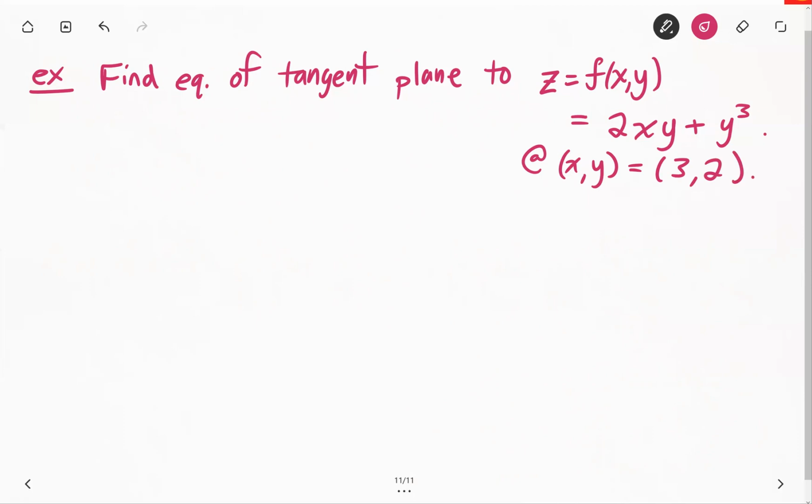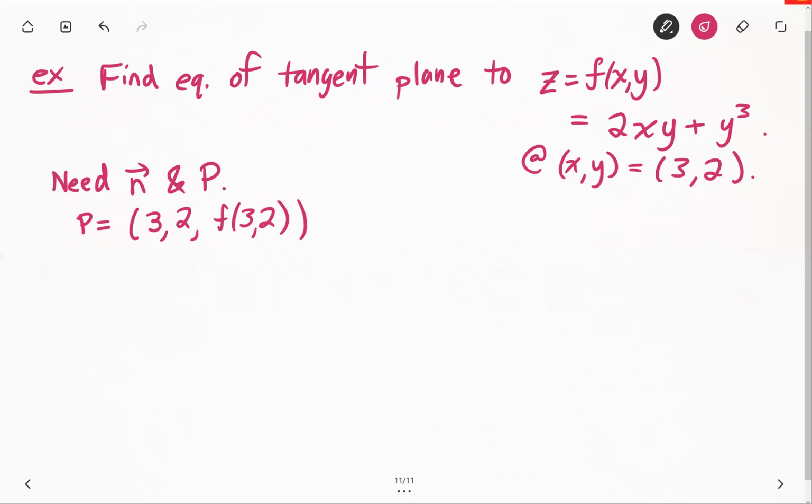Sure, why not? All right, so what do I need for the equation of a tangent plane? I need two pieces of information. I need the normal vector, and I need a point on the plane. I'll do the point on the plane first. It's a little bit easier. It's going to be (3, 2, f(3, 2)).